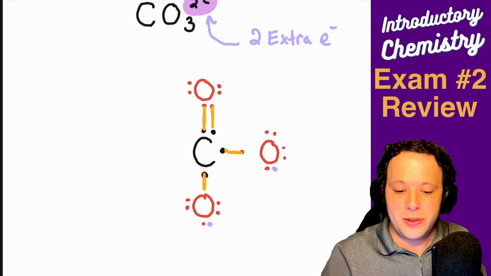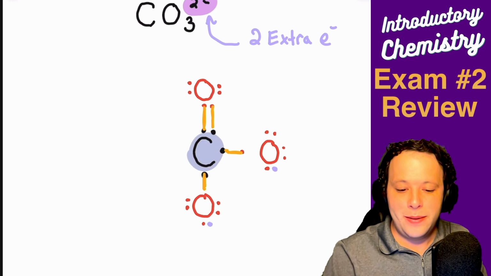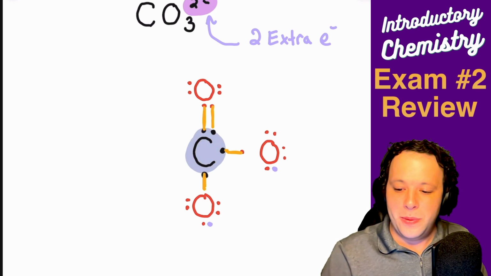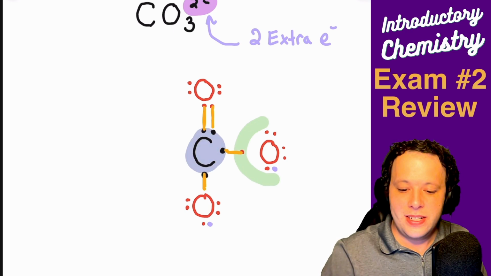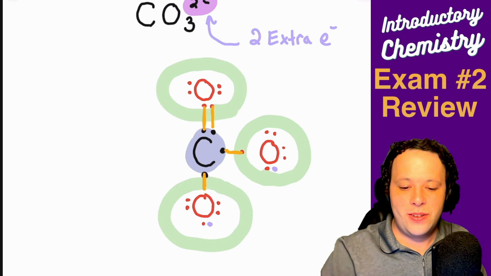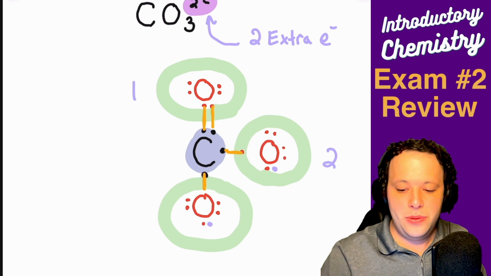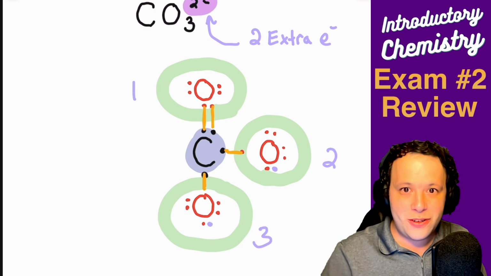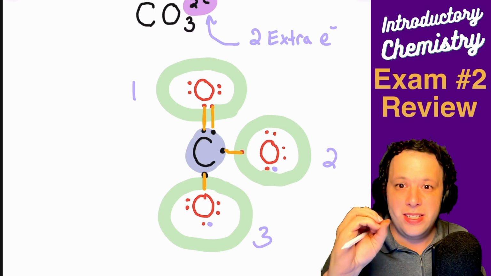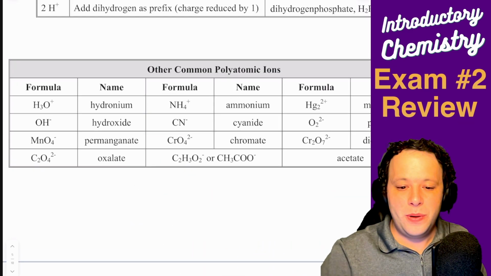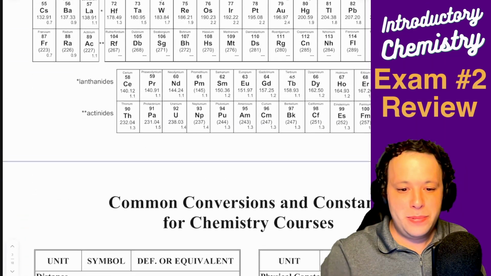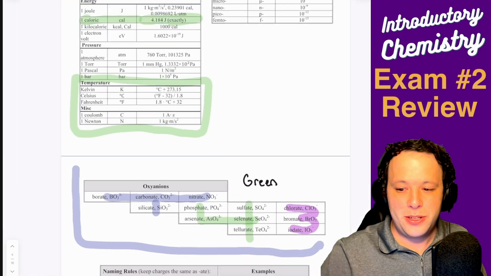So what we do is we have our central atom here in the middle. And what we're going to end up doing is highlighting each of the groups that's around that central atom. So how many do we end up having? Well, we have 1, 2, 3 groups around our central atom, 3 groups, 0 lone pairs. So we're going to go back up to our VSEPR chart.